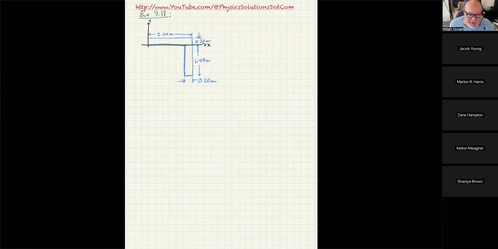So what we can do to actually make this reasonable is I'm going to treat it as if it's two rectangles. Imagine this is two rectangles.